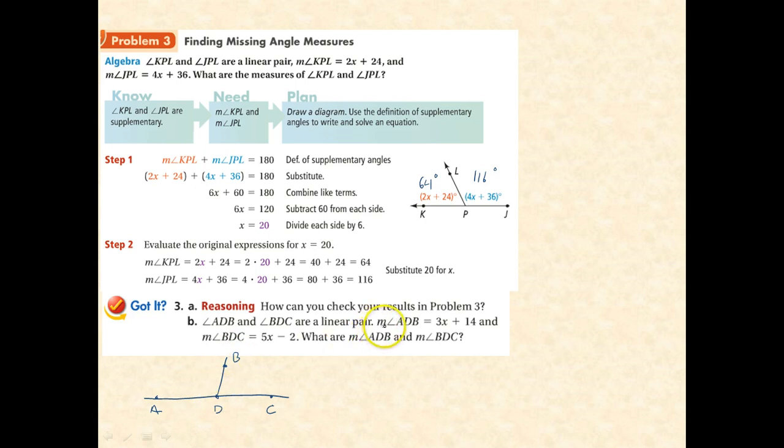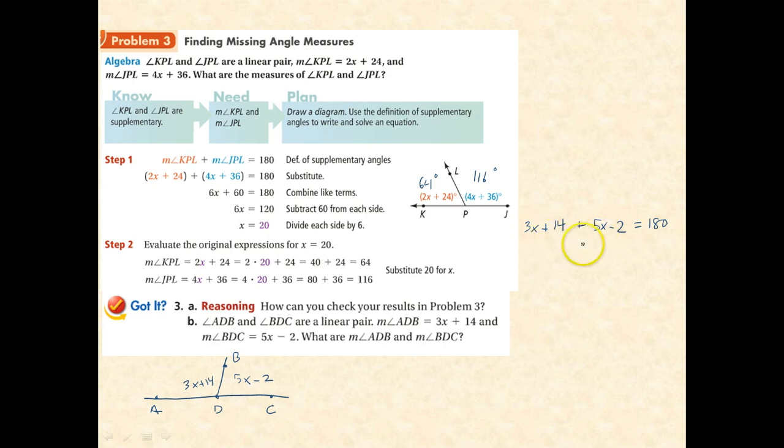The measure of ADB is 3x plus 14, and the measure of BDC is 5x minus 2. I know they add up to 180. Right over here, I'll write 3x plus 14 plus 5x minus 2 equals 180 degrees.